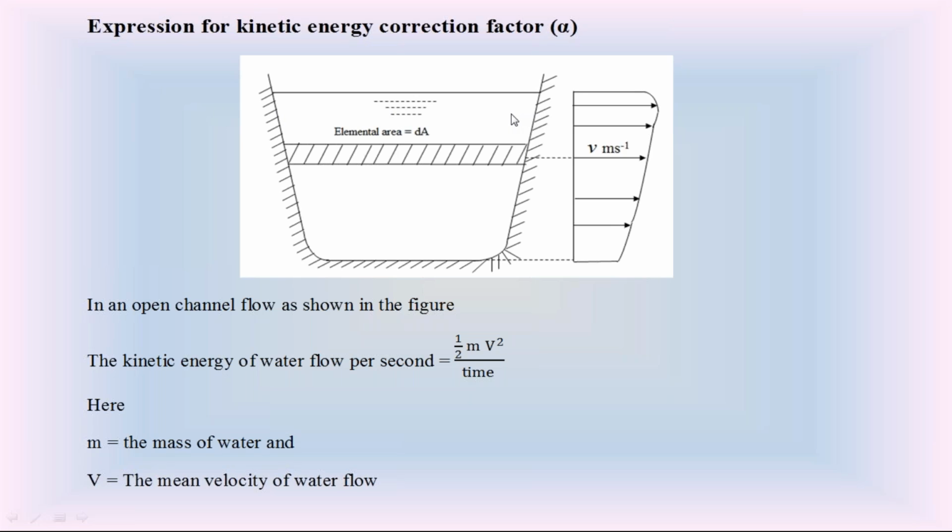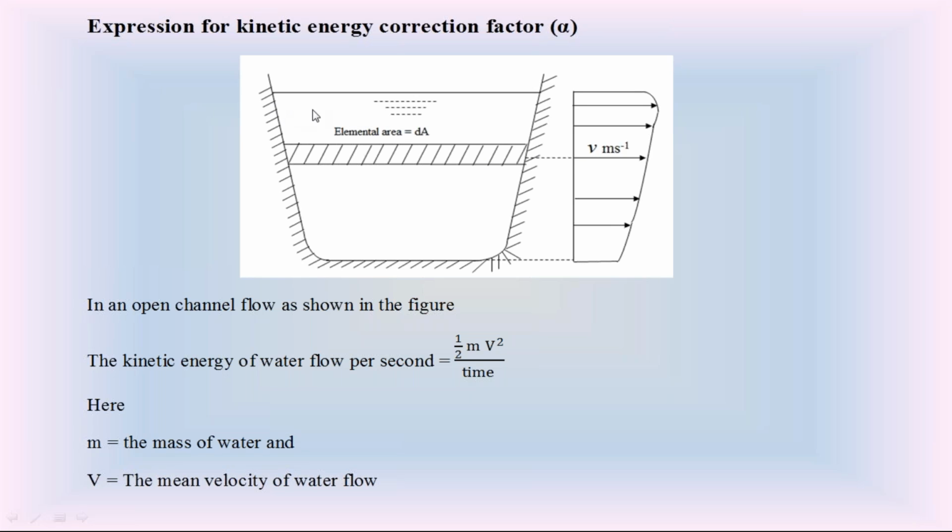If I add the actual kinetic energies of all water layers in this open channel from top to bottom, I have so many water layers in this open channel. Every water layer has actual kinetic energy. Just now we calculated the actual kinetic energy of one water layer, equal to gamma dA into v cubed divided by 2g.